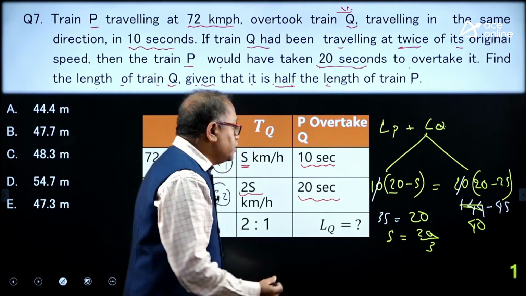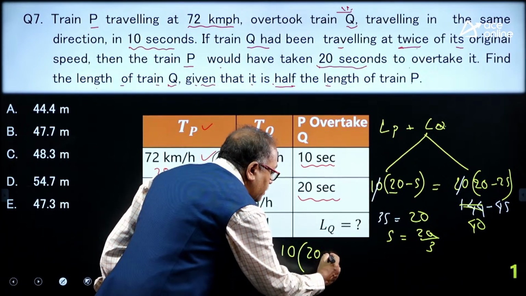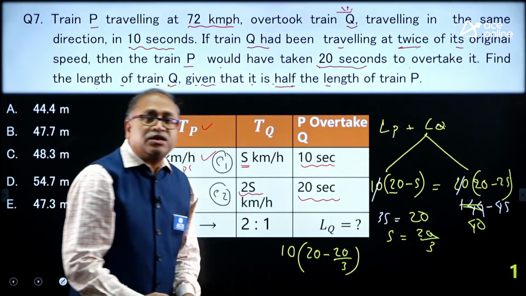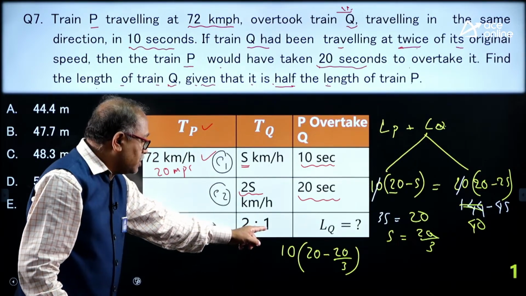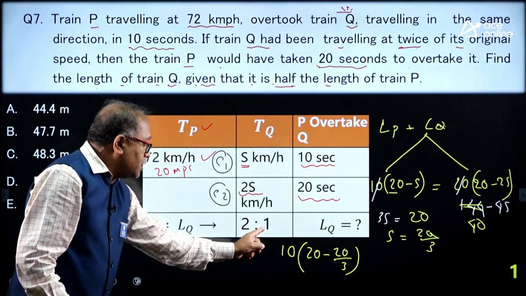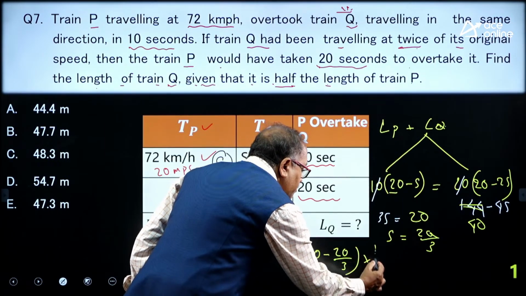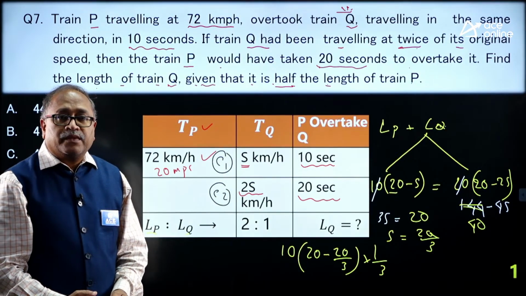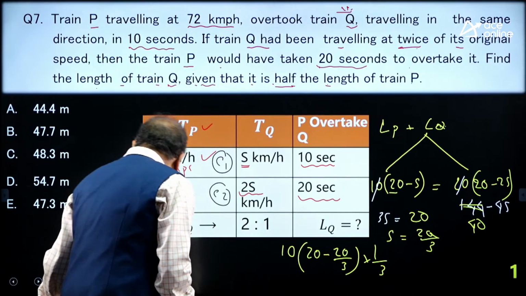Okay, let us do it. That is 10 into 20 minus 20 by 3, I will be getting the total distance, and I need one part, the length of Q, one part out of 3 parts. So I will go for 1 by 3. Let us solve and finally answer this question.